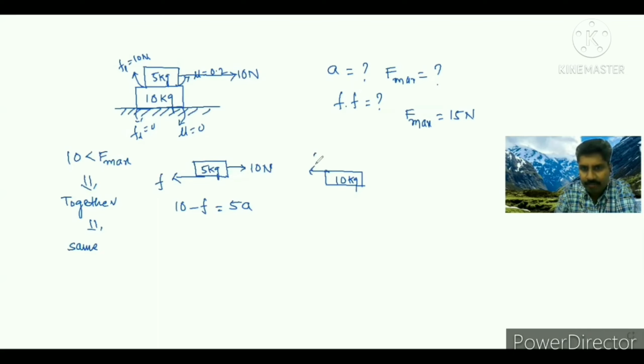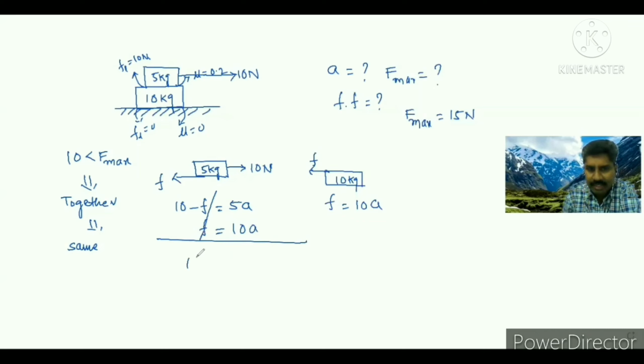Friction is there, F. Now F is equal to M, A, which is 10A. Solving these two, the F terms will cancel. 10 is equal to 15A. A is equal to 2/3 meter per second square, we got the acceleration.